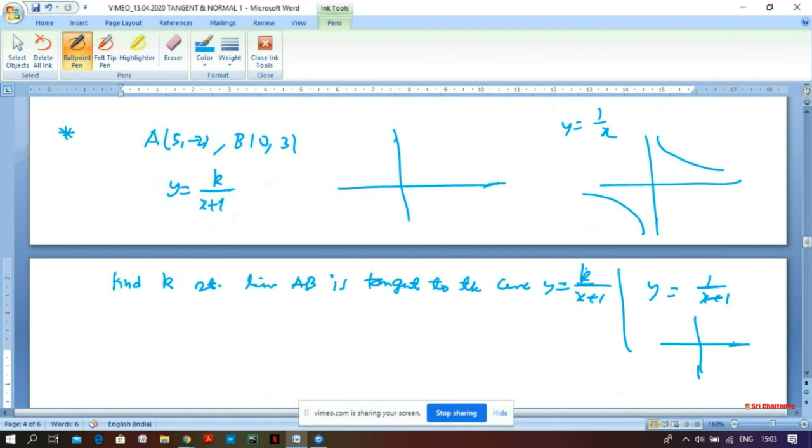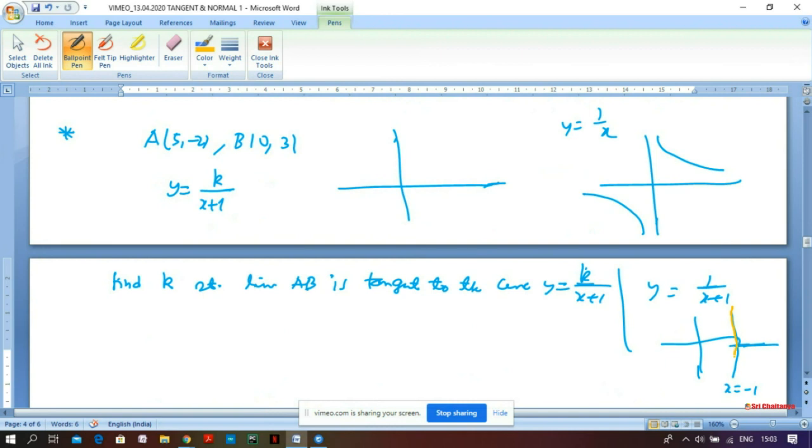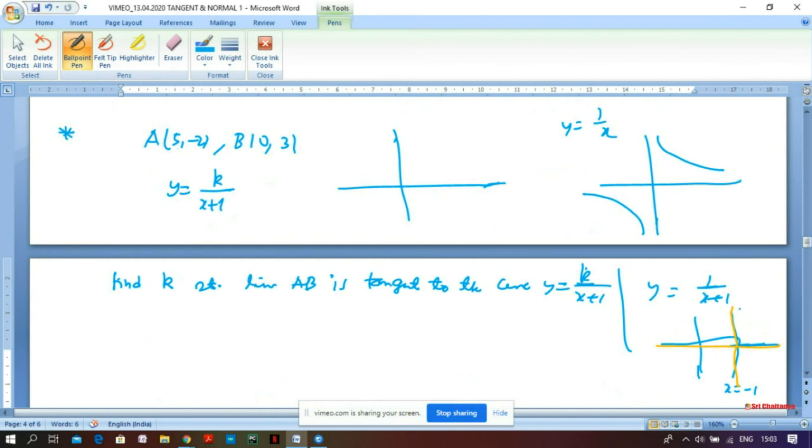This line is x equal to -1, and so this becomes our new axis, these two. So my graph becomes like this and like this. I need not draw it perfectly.